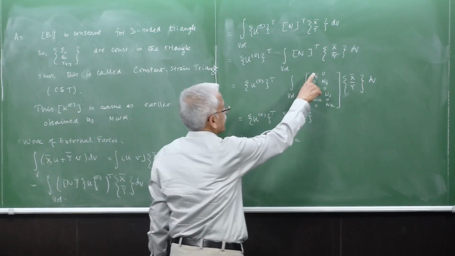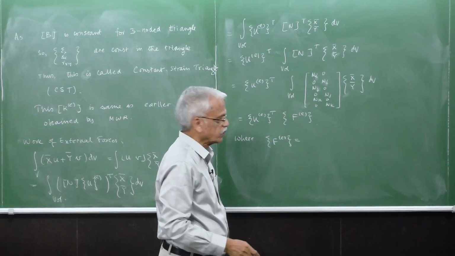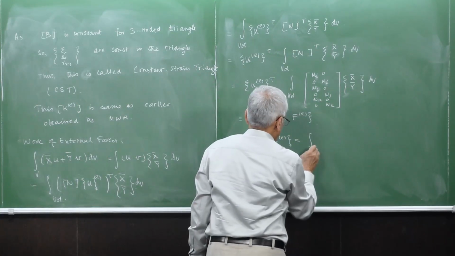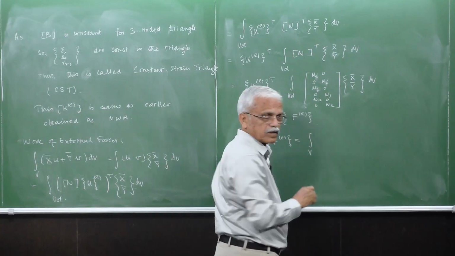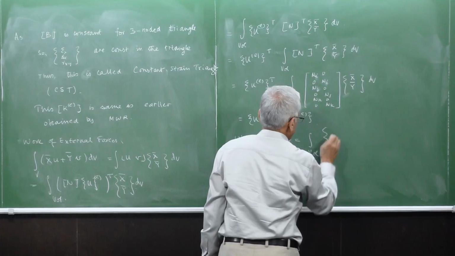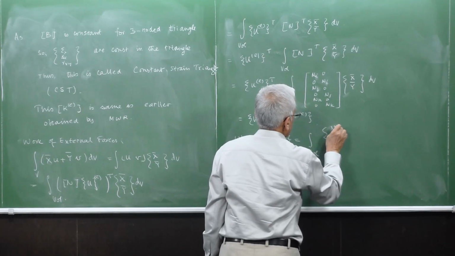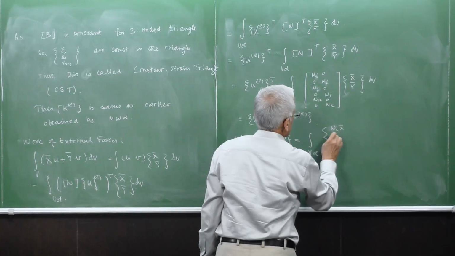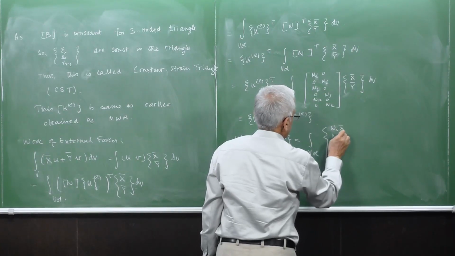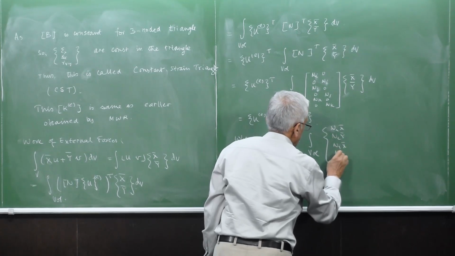So this is a 6 by 2 multiplying 2 by 1. So it becomes 6 by 1. Ni X bar, Ni Y bar, Nj X bar, and so on.